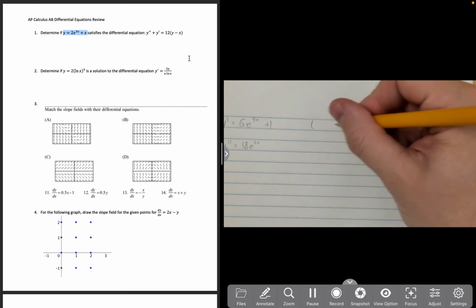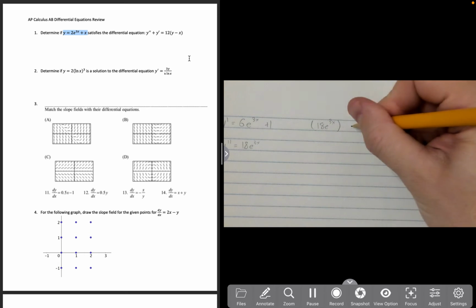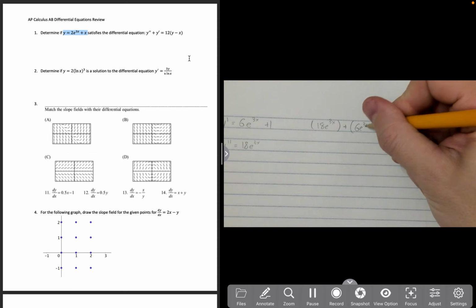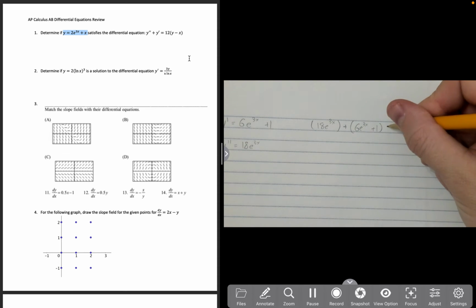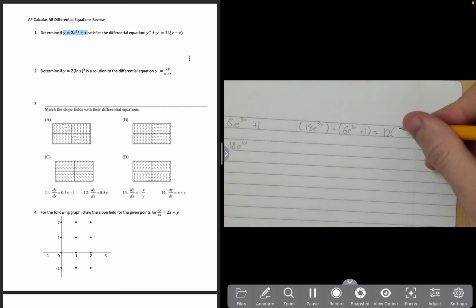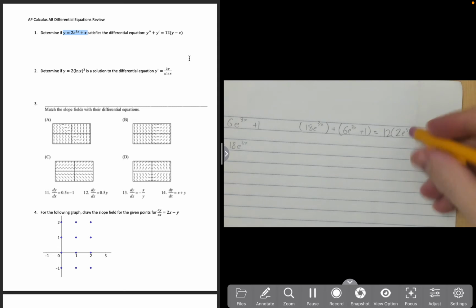So first it's y double prime plus y prime should be equal to 12 times the original y minus x in parentheses.